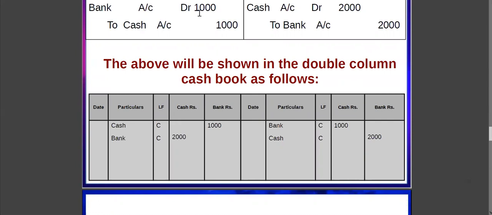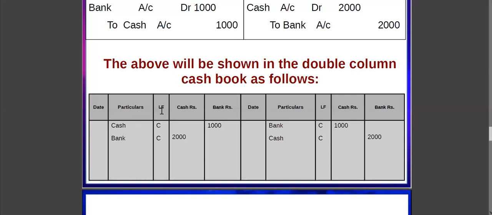Bank account debit: place your hand in the bank column, 1000 to cash. The same way, cash account credit 1000: place your hand in the cash column, by bank. So this is our first entry.